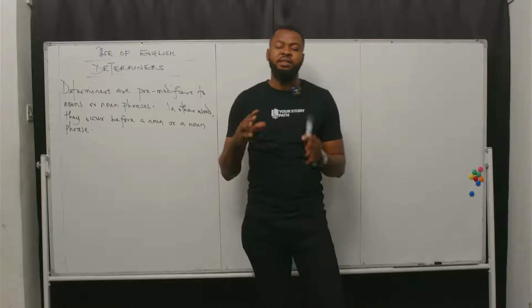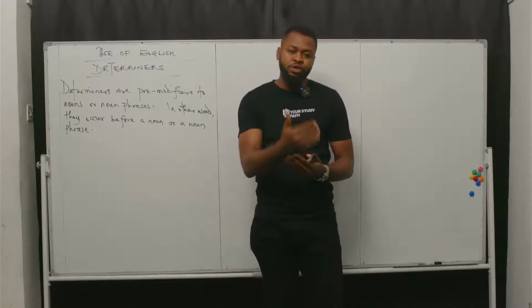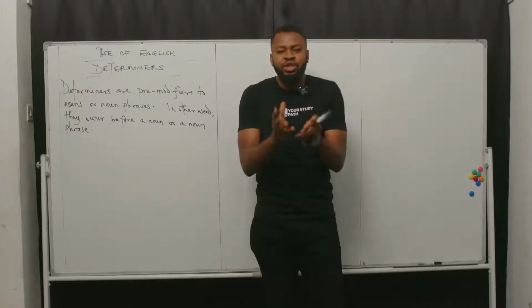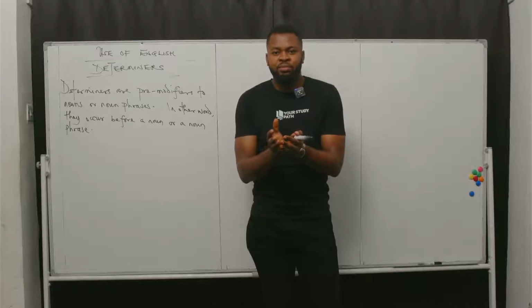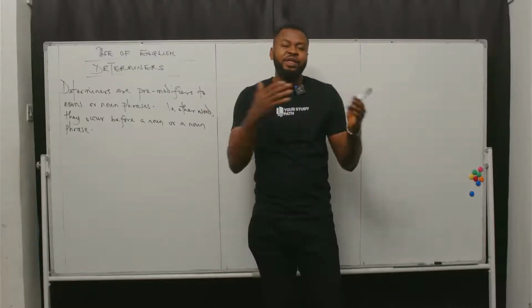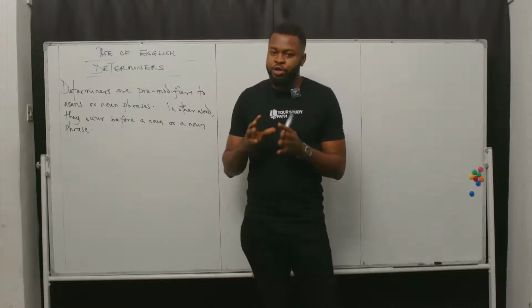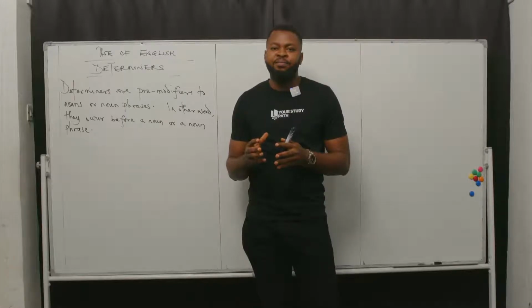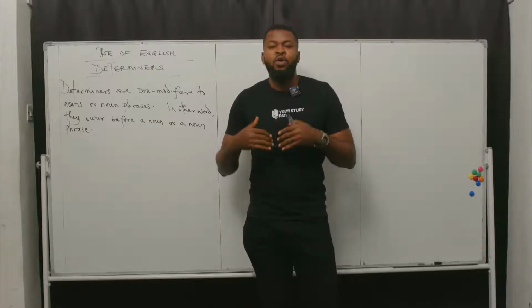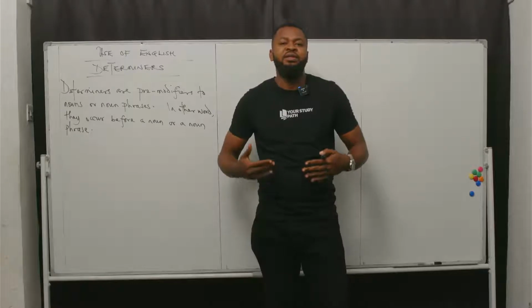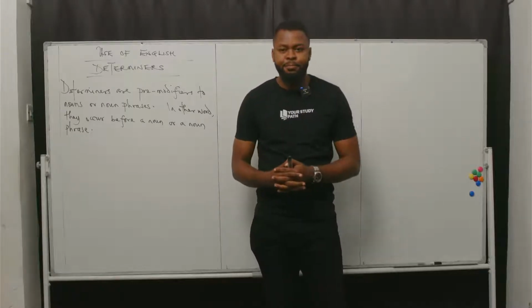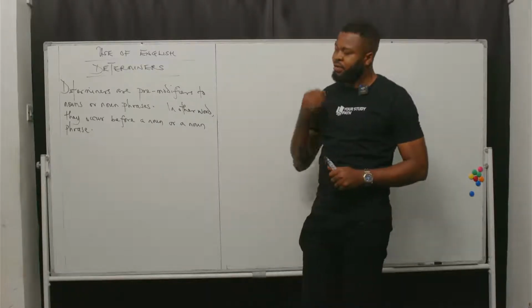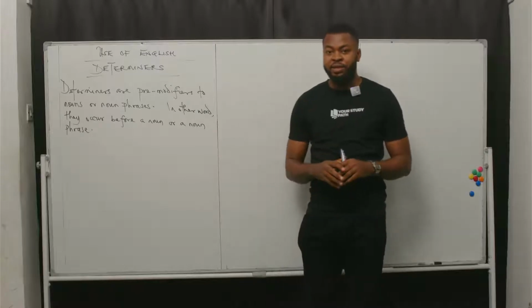That is, determiners are words that will tell you what position a noun or a noun phrase occupies, or what a noun or noun phrase indicates. That's what determiners function as. I hope this is clear to you.